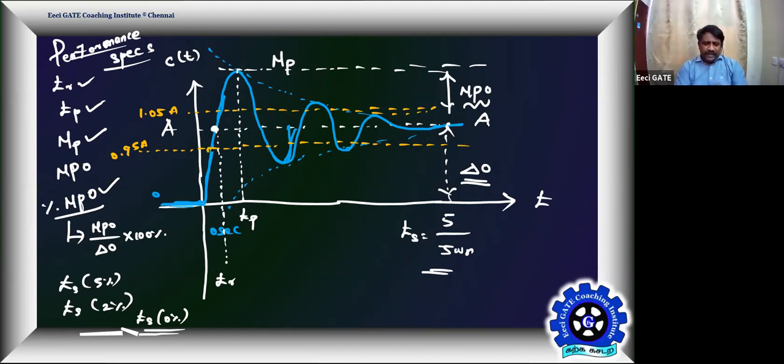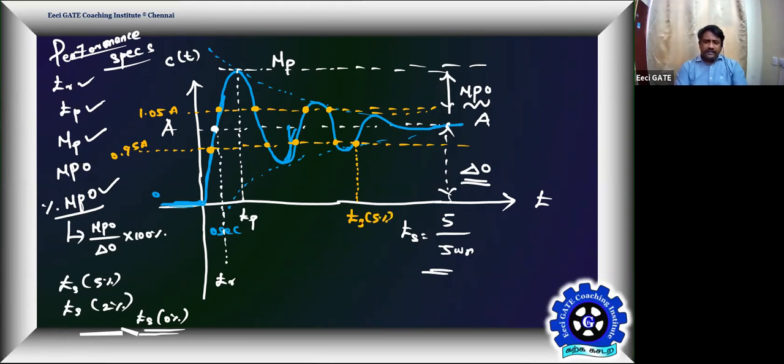First time it is entering, but here it is leaving. Second time it is entering, again leaving. Third time it is entering, again leaving. Again it is entering, again leaving. Here it is entering, and after that it is not leaving. That's exactly the time needed for the response to settle within the 5% tolerance band.